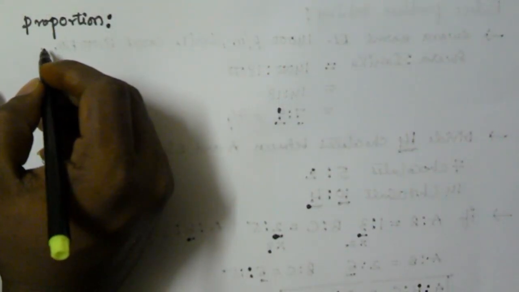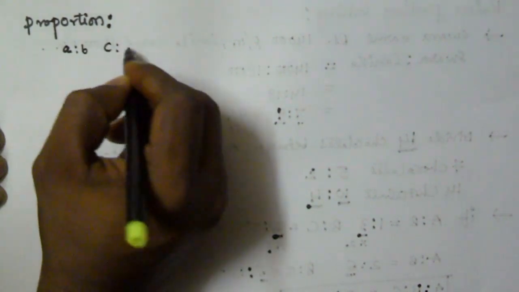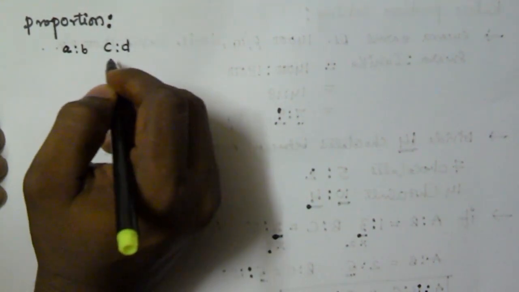Hello friends, in this video we will see what is proportion. A proportion is an equality of two ratios. For example, we have A ratio B and C ratio D, and both of them are equal.